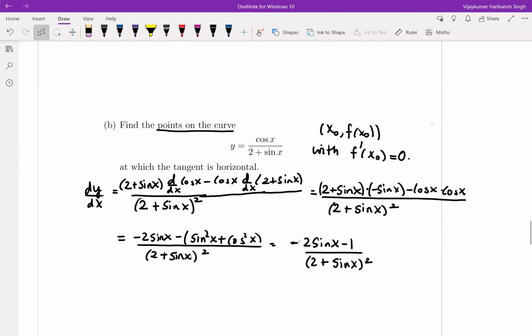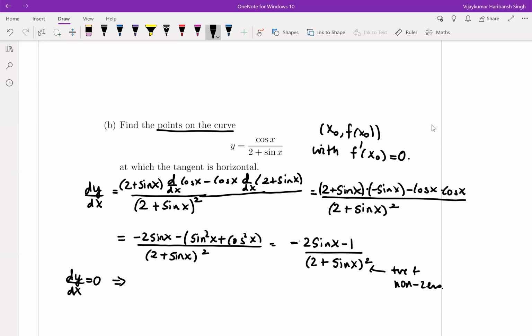Now you are looking for when dy by dx equals 0. See, the denominator is 2 plus sine x. The lowest sine x can go is minus 1, so the lowest it can go is 2 minus 1, which is 1. So the denominator never becomes 0. So this is always positive and non-zero.